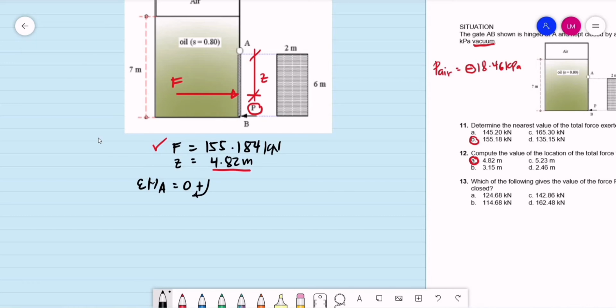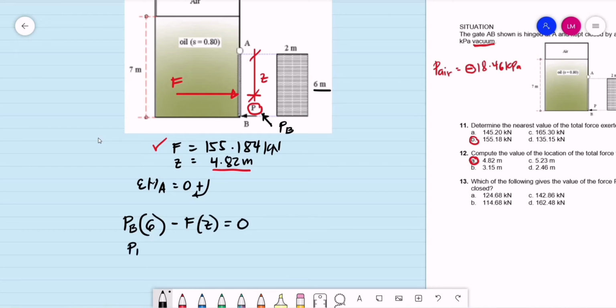So, ano yung mga clockwise moments? Ito yung force doon sa B. Sabihin ko na lang, force B. So, ang lever arm niya, gaano siya kalayo from point A? Yun yung height ng gate, that is 6. Minus yung total force exerted by the oil, gaano siya kalayo from A? Yun yung Z kanina sa number 12. Equal to 0.